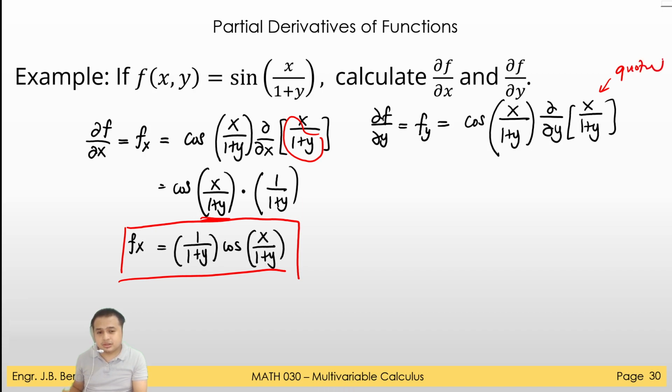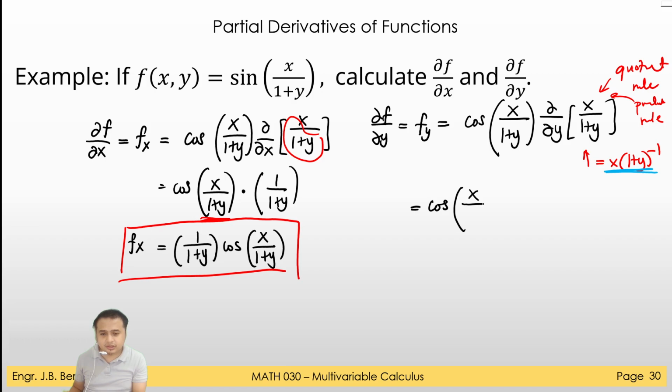Here we need the quotient rule. Or, to simplify this, we can also do it as a product rule. To make things simple, you can rewrite this as x times (1 plus y) raised to negative 1. I hope this makes sense already. So if you find the derivative of this via the power rule, we can just multiply by negative 1.